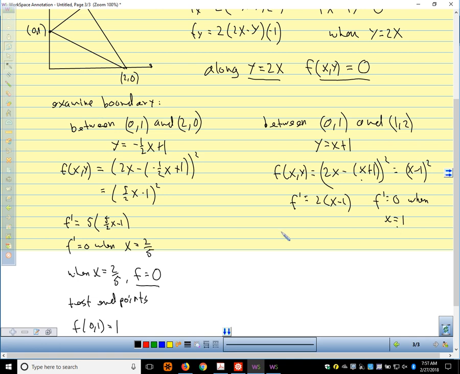And I'm going to substitute that into my function here when x equals 1. F of x, y equals 0.